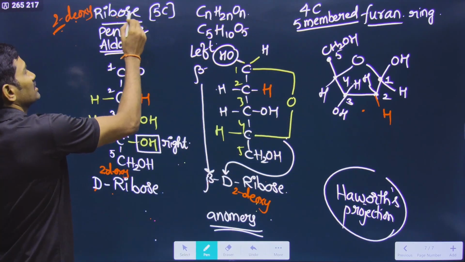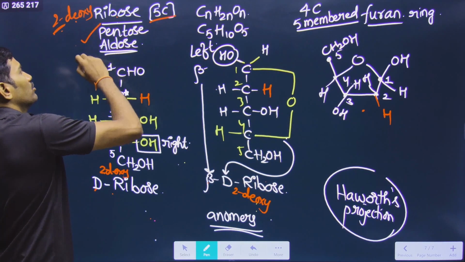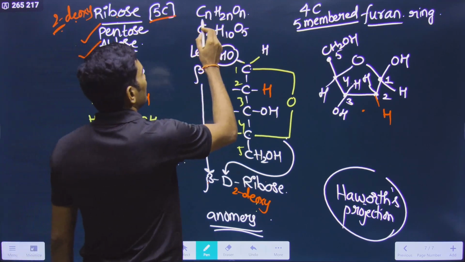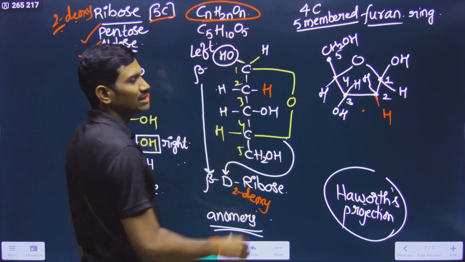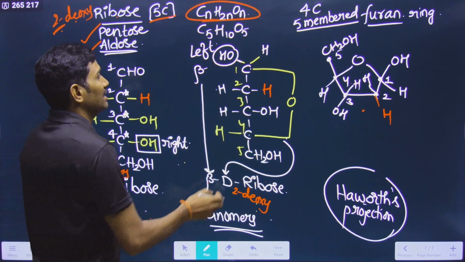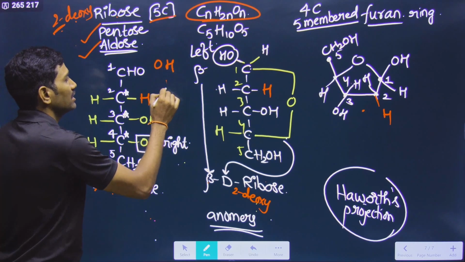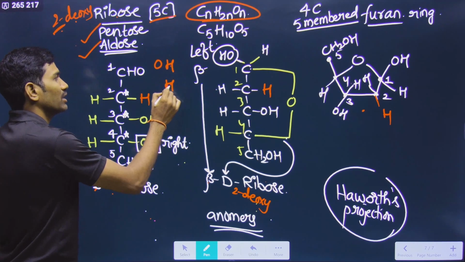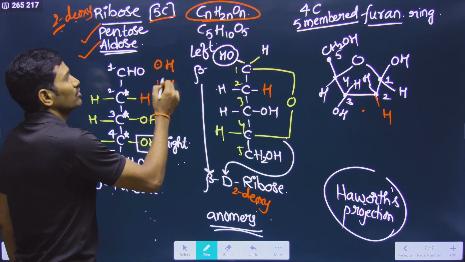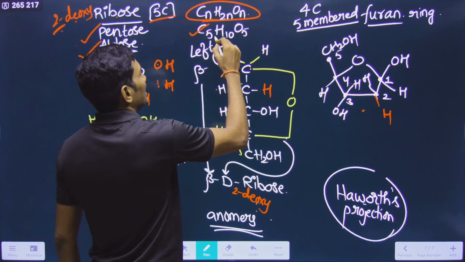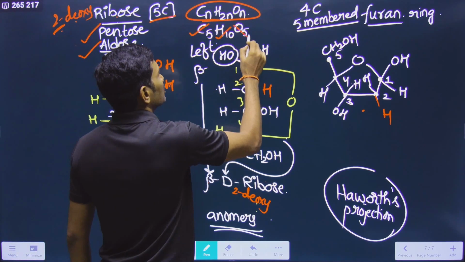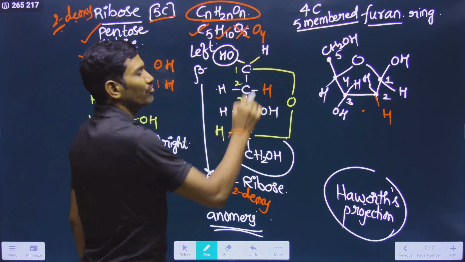So in this way 2-deoxyribose is also a 5 carbon, pentose sugar, aldose sugar. This is the basic formula for a monosaccharide, but here, instead of OH, H is coming. That means H is okay, but O is missing. So C5 is okay, H10 is okay, but instead of O5 it will be O4.